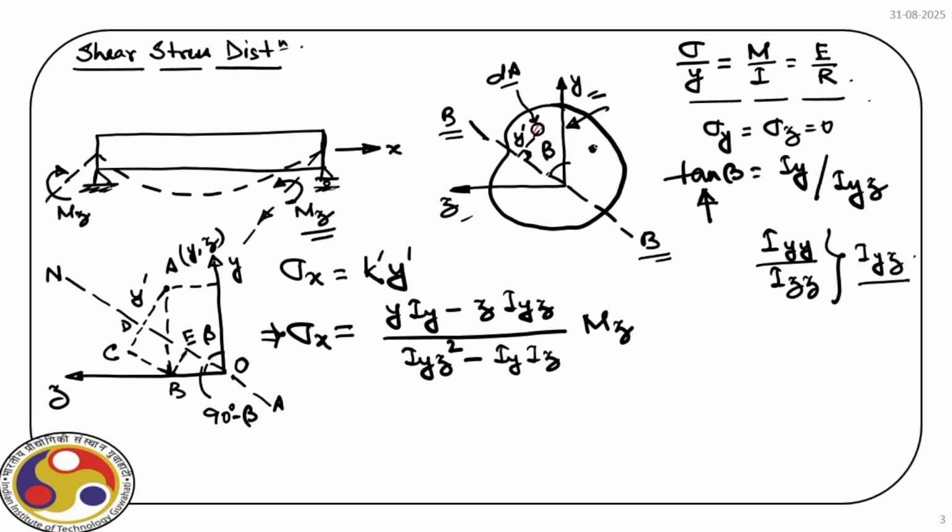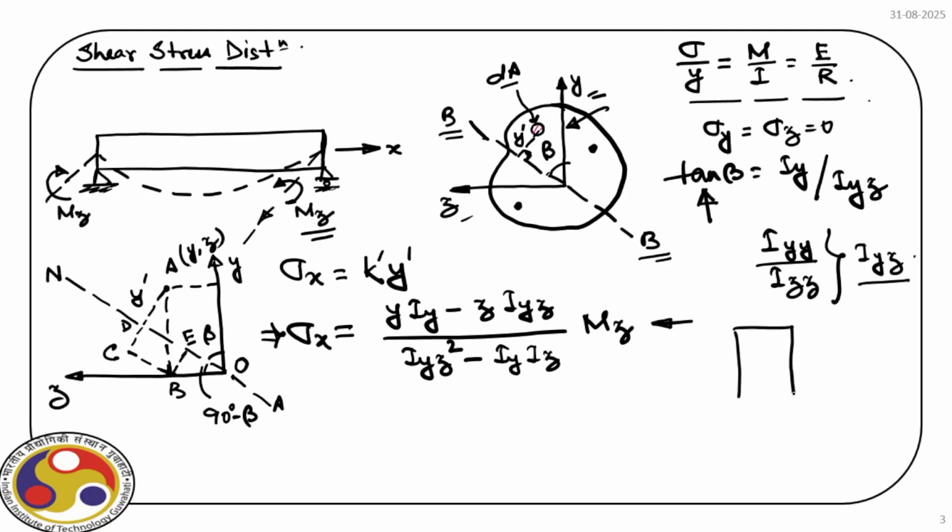The moment we identify the coordinate of the point, from this expression we can find out what is sigma x. Similarly, if we take this point, we know its coordinate, and we can find out the value of sigma x here. And depending upon the sign, we can identify whether it is tensile or compressive.